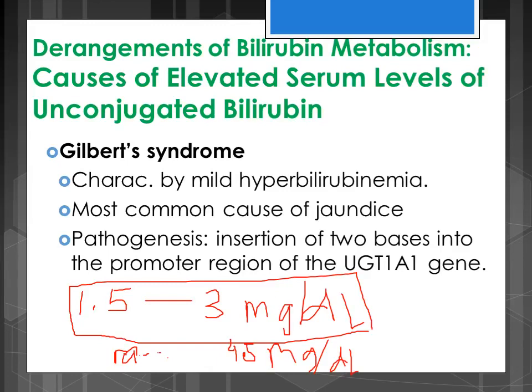For both, the problem arises from a genetic mutation in the UGT1A1 gene. So, ang nagiging problema in Gilbert's and in Crigler-Najjar is actually the enzyme UDP-GT. And what is the function again of the UDP-GT? It is the enzyme that catalyzes the conversion of unconjugated bilirubin to conjugated bilirubin.